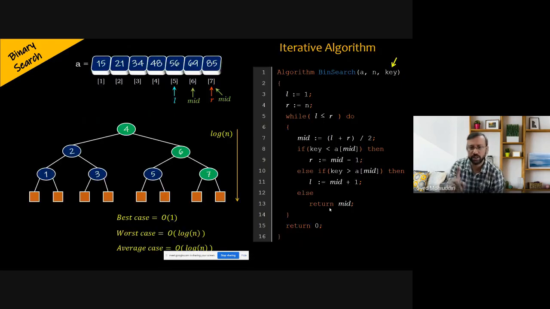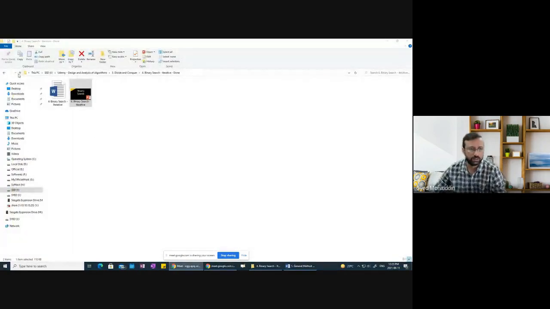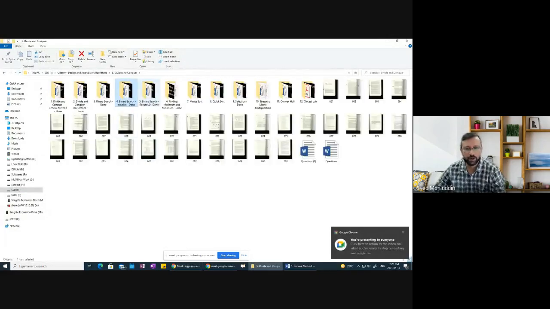Otherwise, the original algorithm, the one which we have seen, which is called bin search, this algorithm is useful, or you have to use this algorithm. So this was about the iterative part of binary search.